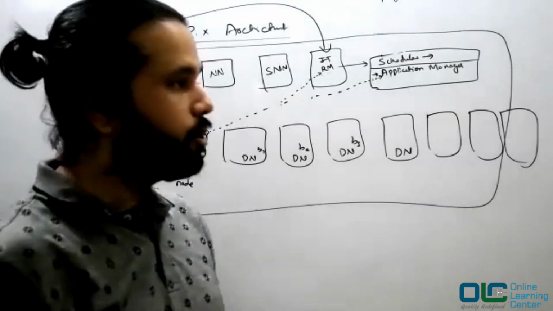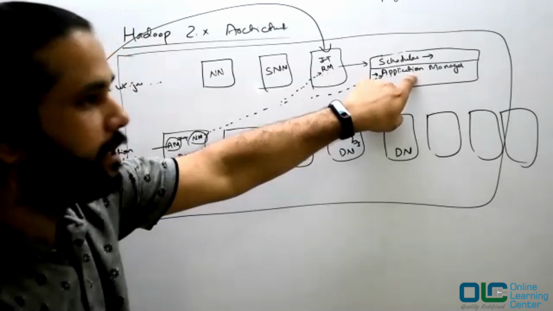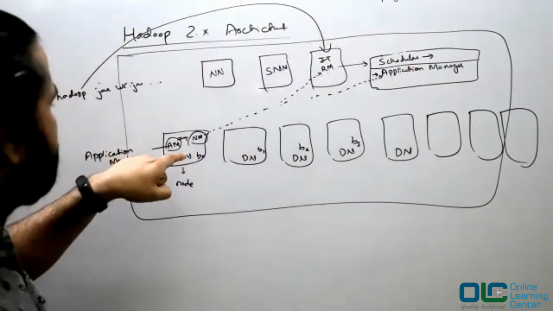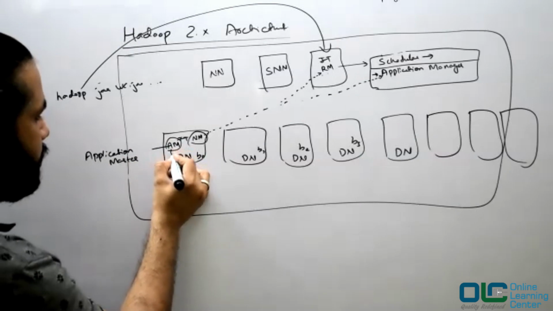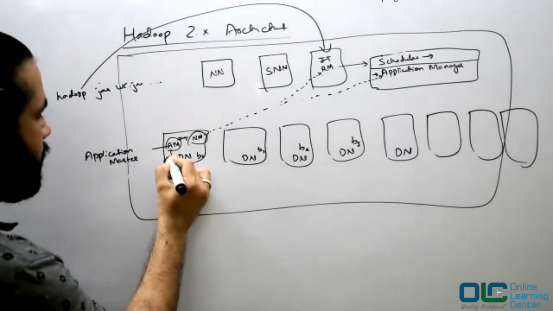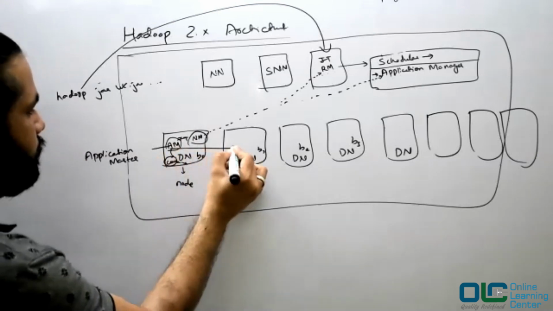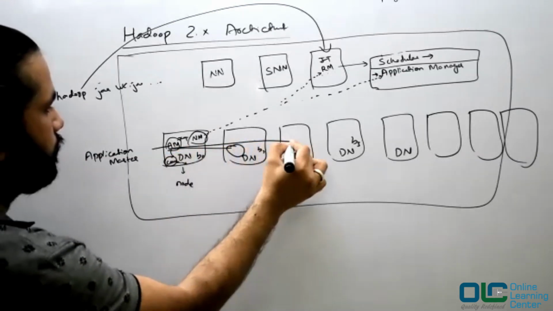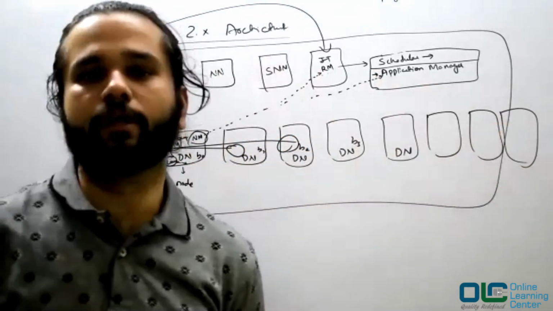This is your application master, which would be launched by your application manager, right? And then this application master can start containers anywhere, here, here, here, everywhere, wherever it feels it should run the job.